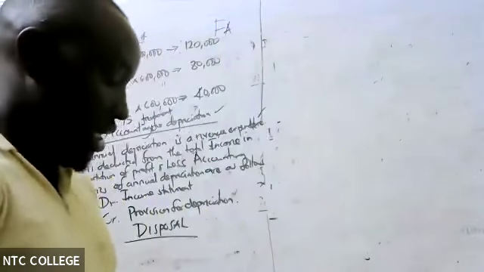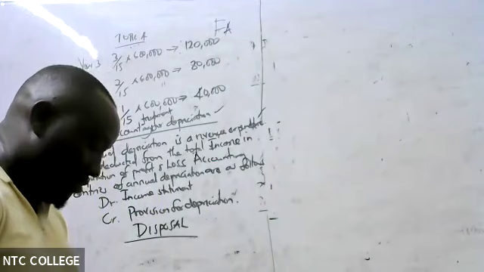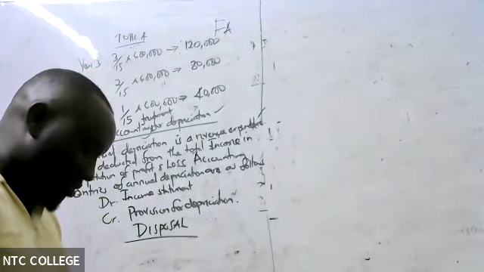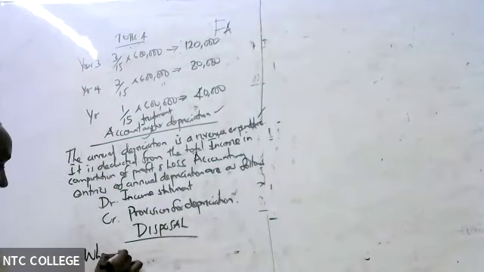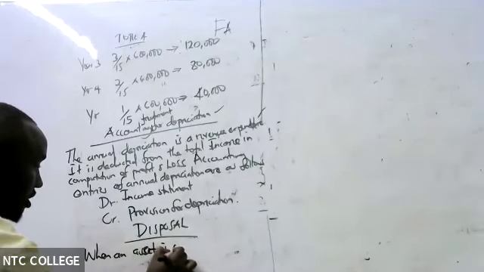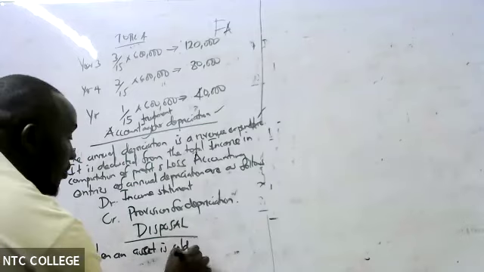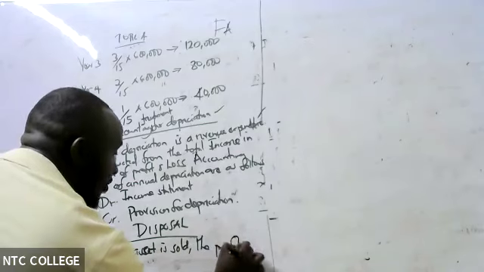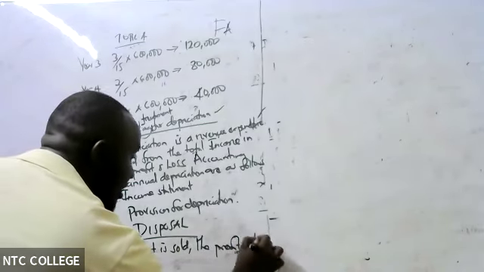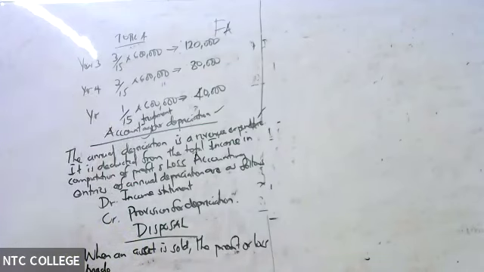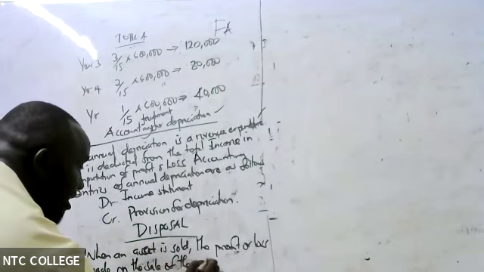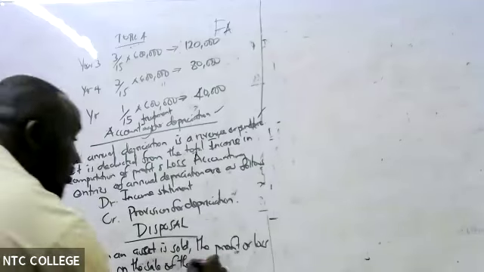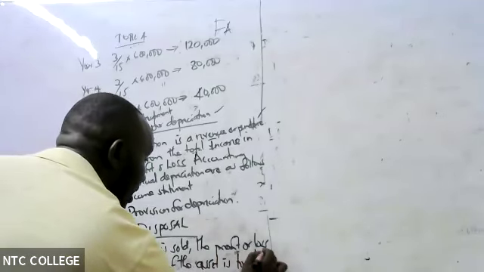So let me just share with you something. When an asset is sold, we say the profit or loss made on the sale of the asset is to be calculated.